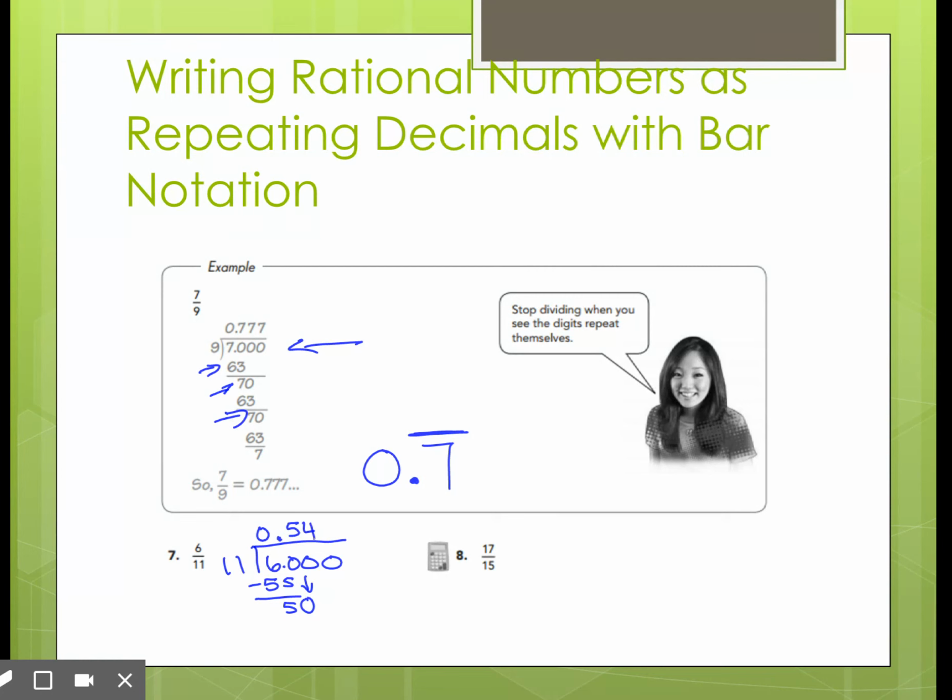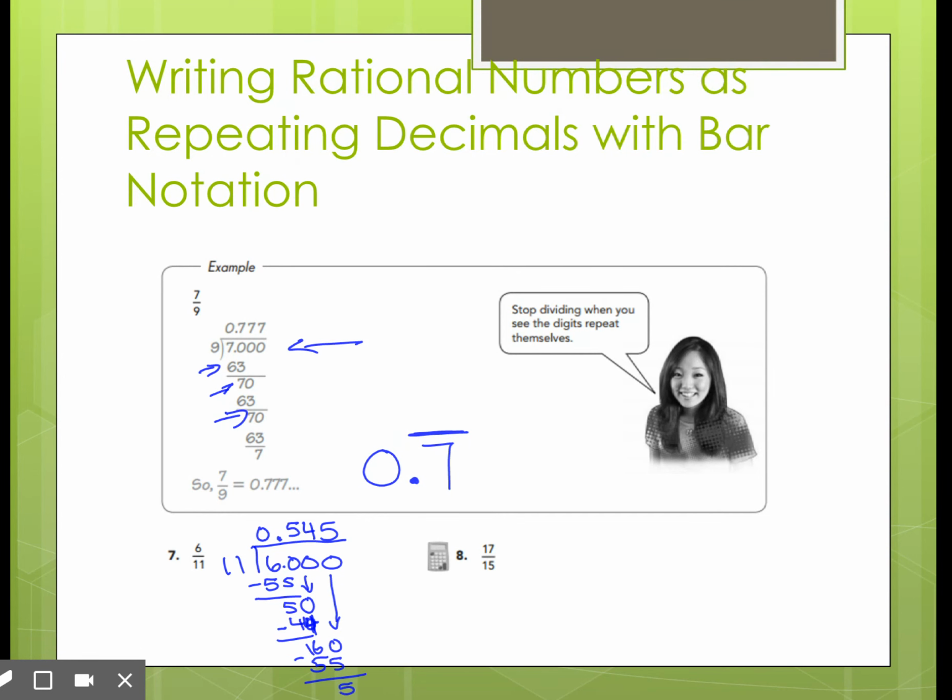So 11 times 4 is 44. And 50 minus 44 is 6. Bring down that 0. Ooh, I'm back at 60. 11 goes into 60 5 times. 11 times 5 is 55.